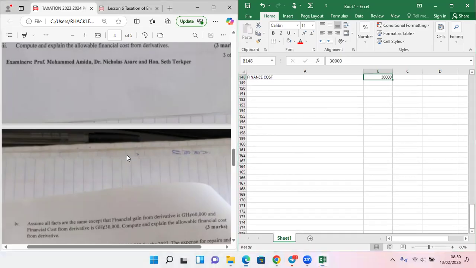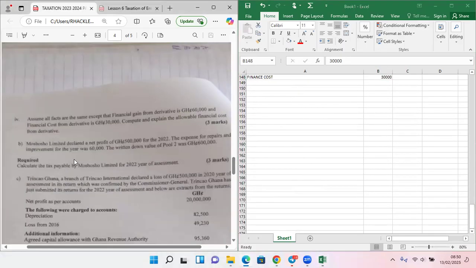Now let's go to B. Social Limited declared a net profit of 500,000 for 2022. The expenses for repairs and improvement for the year was 60,000, and the written down value of pool 2 was 600,000.